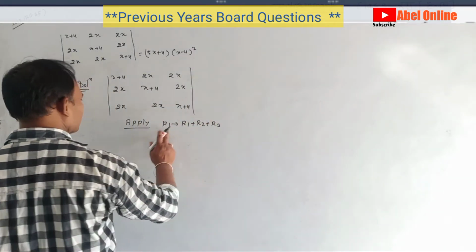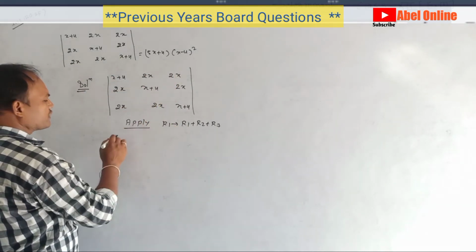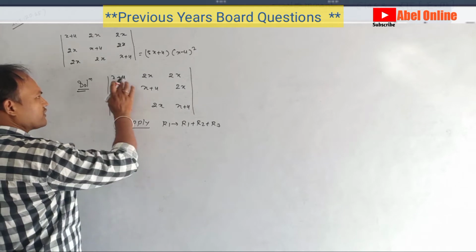When we say R1 tends to R1 plus R2 plus R3, it means we have to add all the rows and change the place of R1.